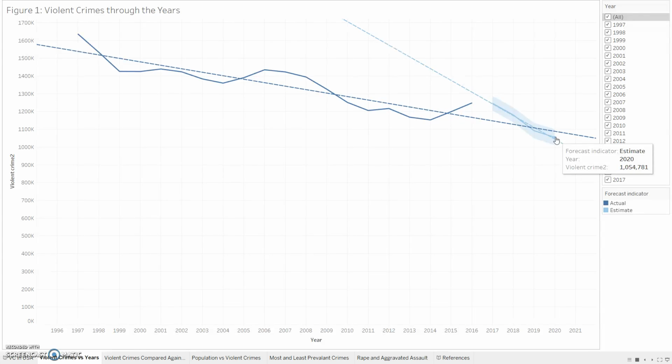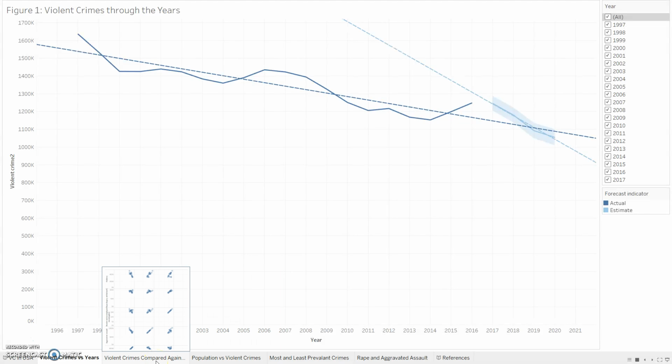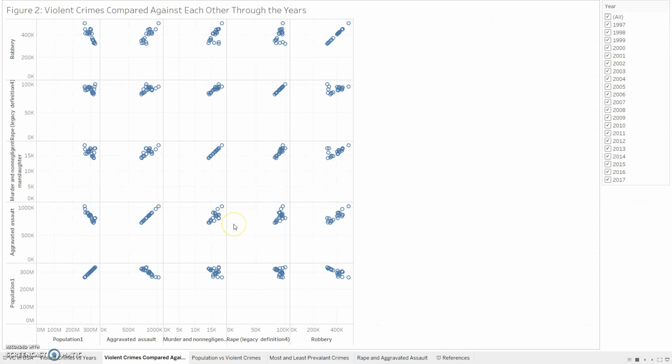One thing that we do want to see is how the violent crimes compare against each other, whether, depending on the violent crime, more violent crimes increase in linear fashion to another, or whether as the population increases, the violent crimes increase.